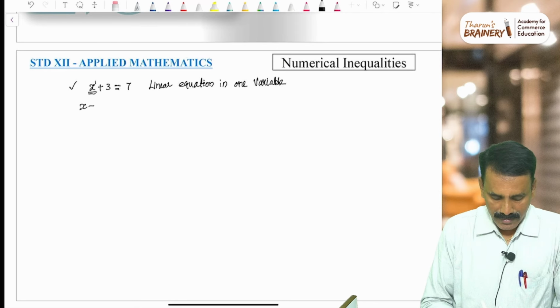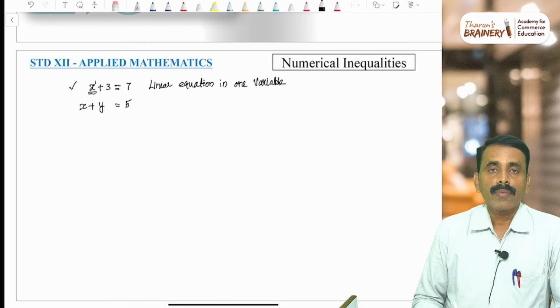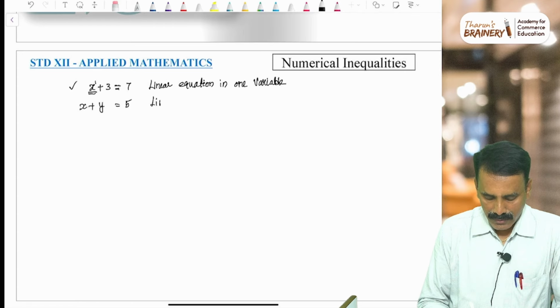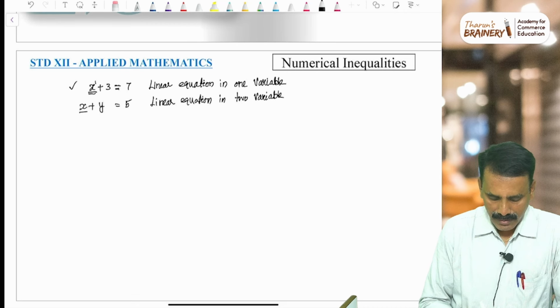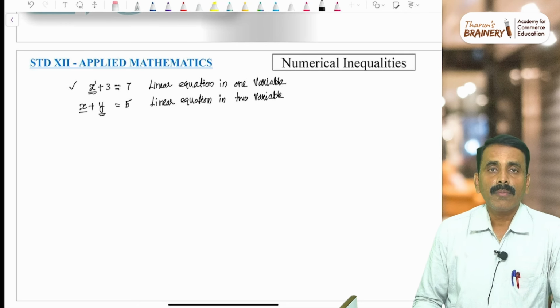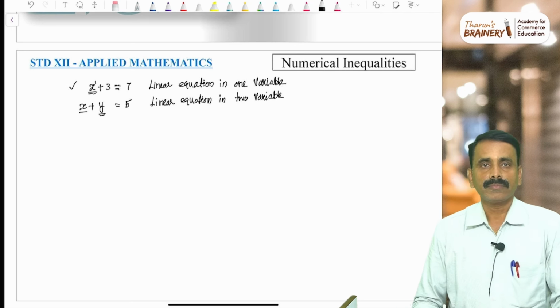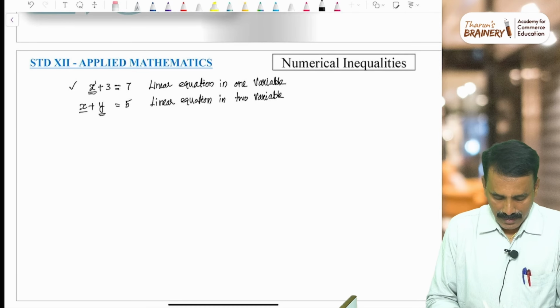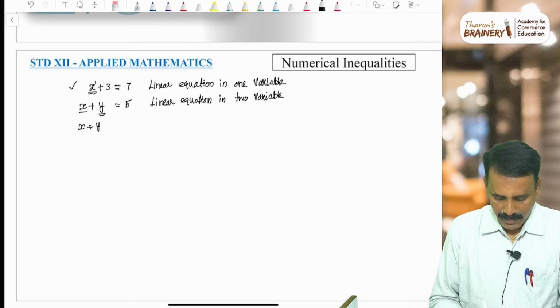Suppose I have x plus y is equal to 5, this is a linear equation in two variables, because x is a variable and y is also a variable and both have degree 1. x plus y plus z is equal to 12.